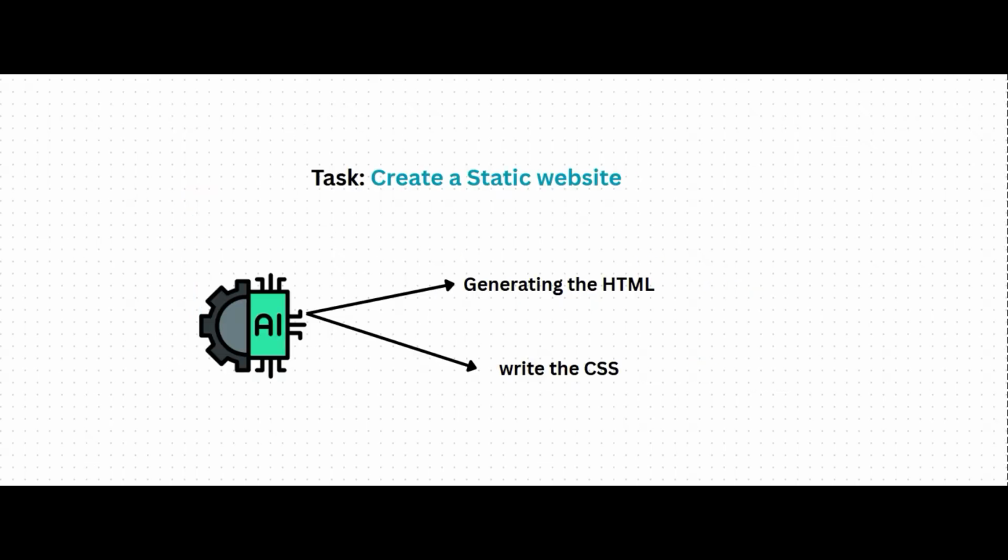When we give AutoGen a complex goal, let's say create a static website, the manager agent will break down the task and assign subtasks to different specialized agents. One might handle generating the HTML, another could write the CSS, and then they collaborate to complete the full project, all automatically. The best part is that AutoGen handles all the communication, reasoning, and coordination logic between these agents behind the scenes. You just need to define the roles, give them goals, and AutoGen takes care of the rest.